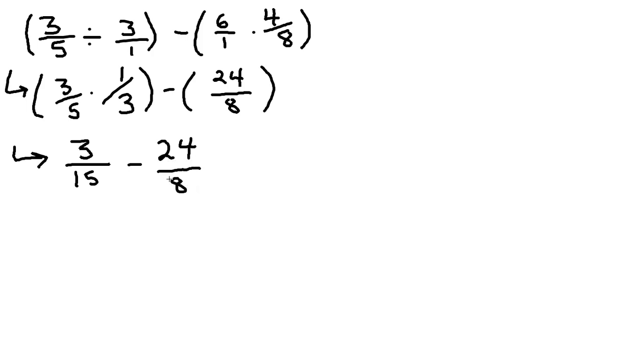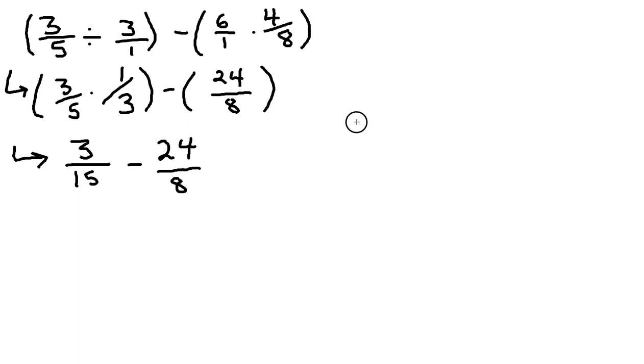All right, and what we want to do next is use that rule in regards to subtracting fractions with unlike denominators. That's what we talked about in the last video. If you want to pause and look back at that video, this might be a good time, but I can still recap it.